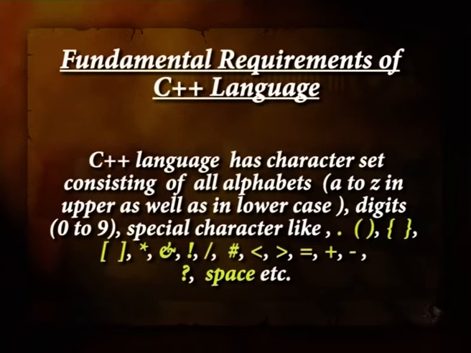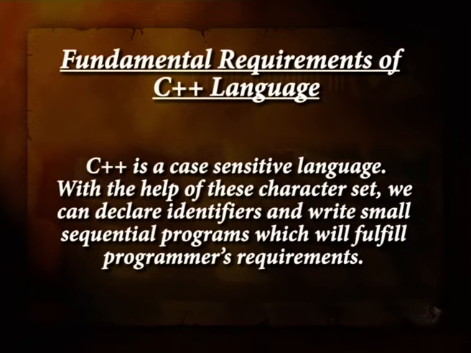Similarly, C++ also has a character set consisting of all alphabets, that is A to Z in upper as well as lower case, digits, that is 0 to 9, special characters like comma, full stop, different kinds of brackets, star, ampersand sign, slash sign, hash sign, less than, greater than, equal to, plus, minus, question mark, space, etc. But it is a case sensitive language. With the help of this character set, we can declare identifiers and write small sequential programs which will fulfill programmers' requirement.